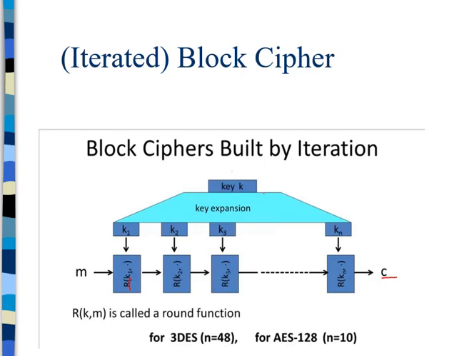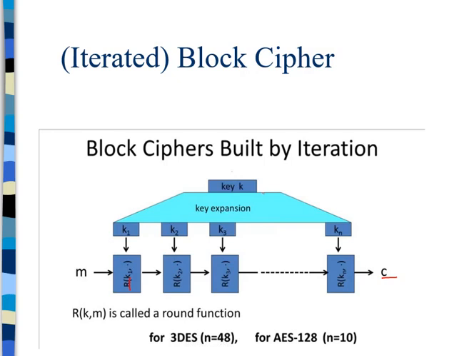Normally, different ciphers have different numbers of rounds. In fact, different methods. As you can see here, in 3DES the number of rounds is equal to 48.